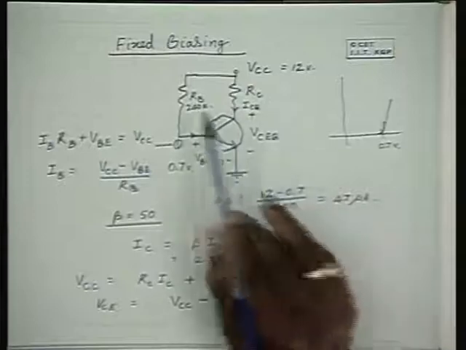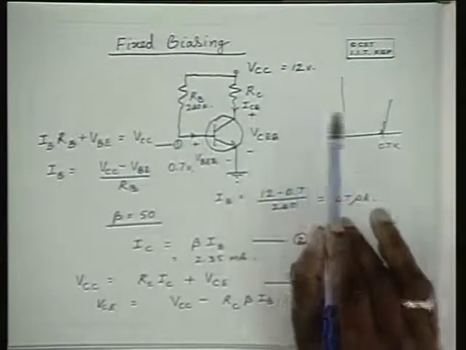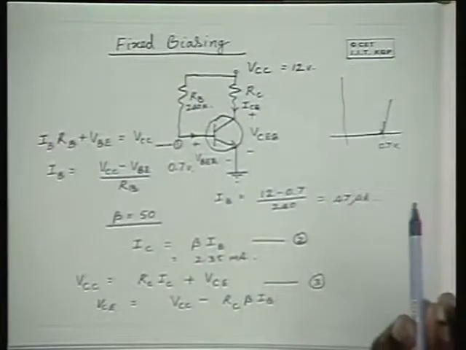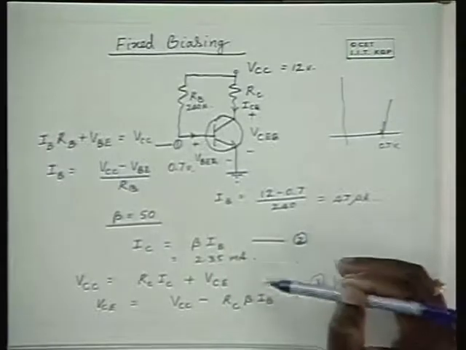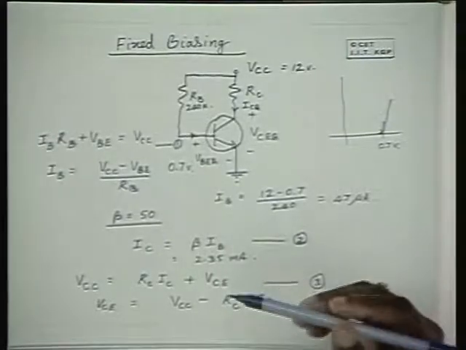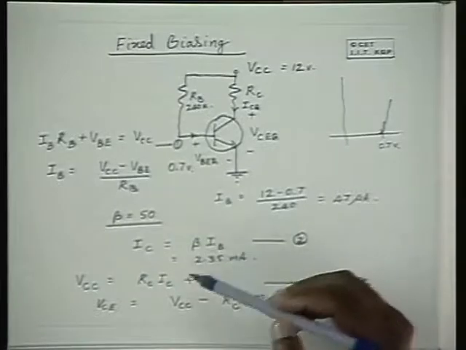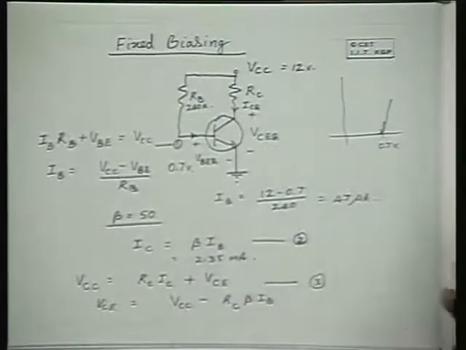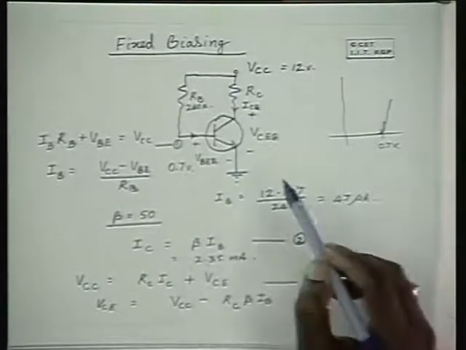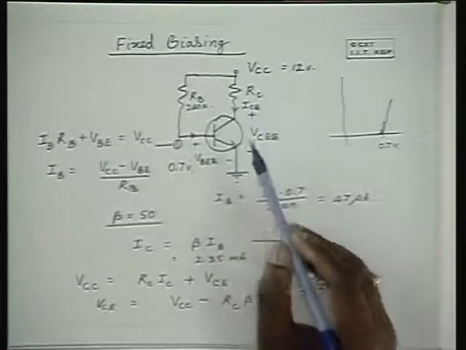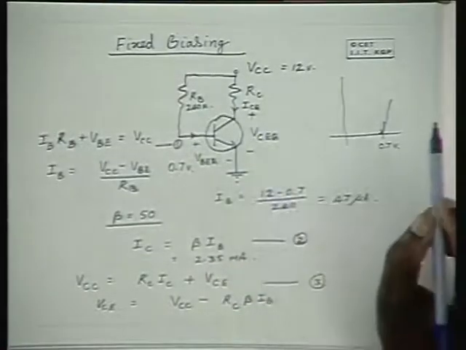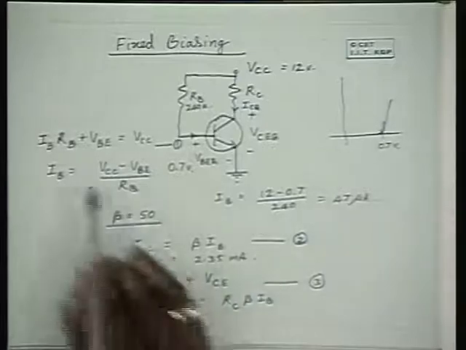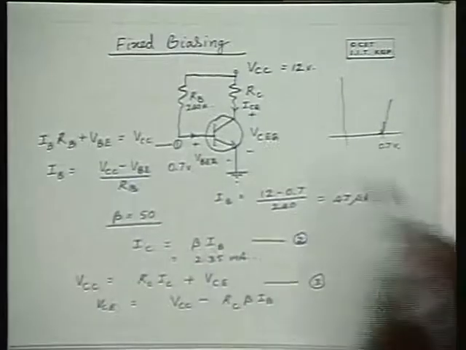They relate the quiescent values with the circuit parameters like RB and RC. Now with given VCC, VCE and IC, and naturally given beta once the transistor is selected, you have to find out RB and RC in the design problem. So there also you use the same equations to get the design.